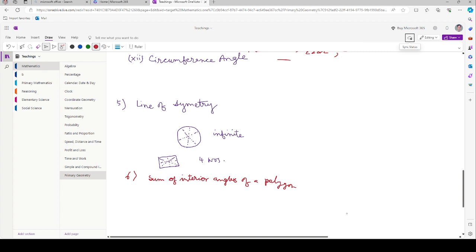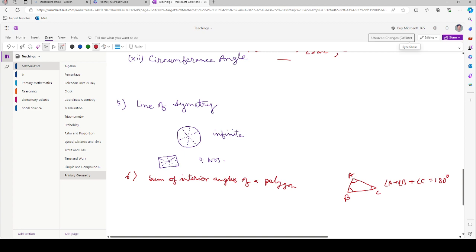It is very easy. But before that, we have to know one thing, that is the sum of interior angles of a triangle is equal to 180 degrees. That is angle A plus angle B plus angle C is equal to 180 degrees.